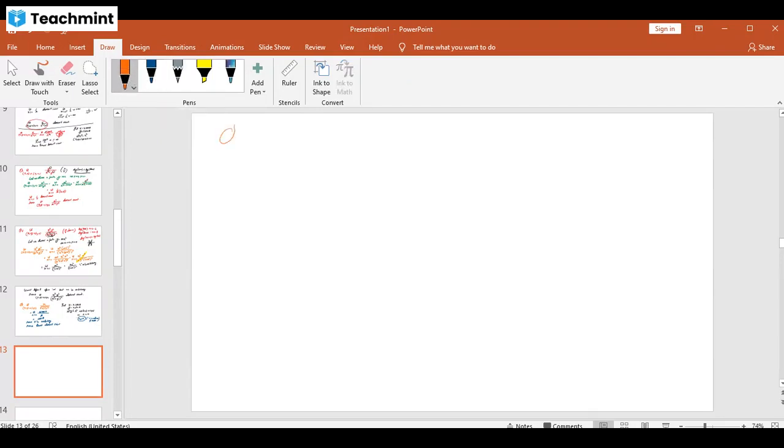Suppose I'm considering the question: limit x, y approaches 0, 0, of x cube plus y cube upon x square plus y square. Okay, suppose we are considering this particular problem.